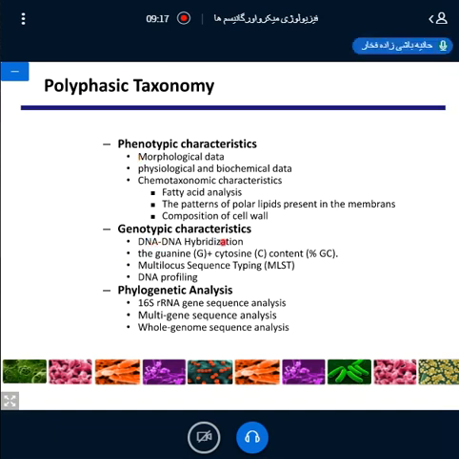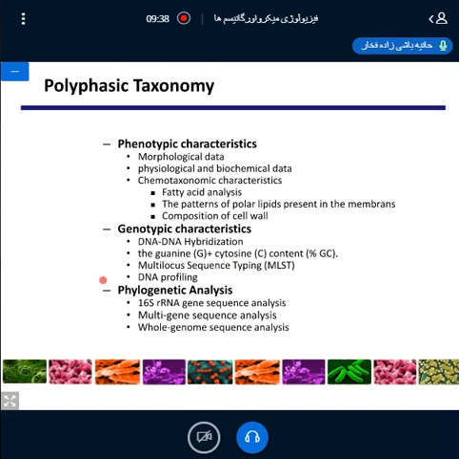In genotyping characters, we have hybridization of DNA, guanine and cytosine content, it means 50% guanine cytosine, and multilocus sequence typing, MLST, and DNA profiling.